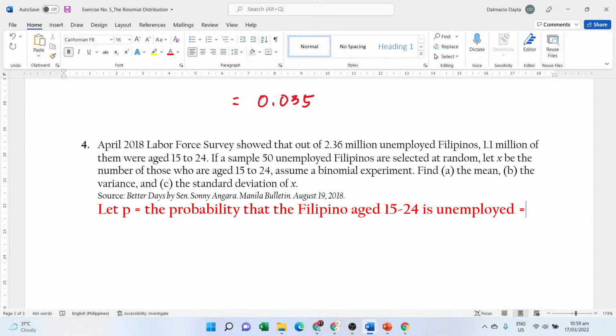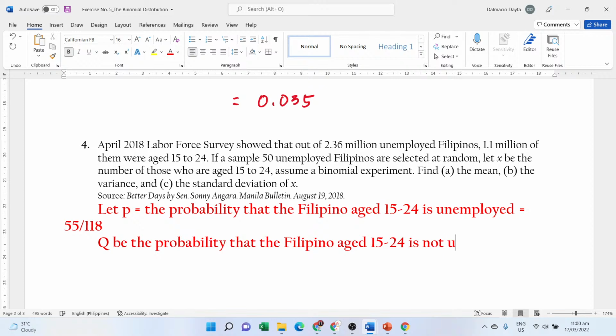That will be equal to 1.1 million over, ilan sila? 2.36 million. 1.1 million over 2.36 million, and that will be 55 over 180. Okay? Next, let Q be the probability that the Filipino aged 15 to 24 is not unemployed.